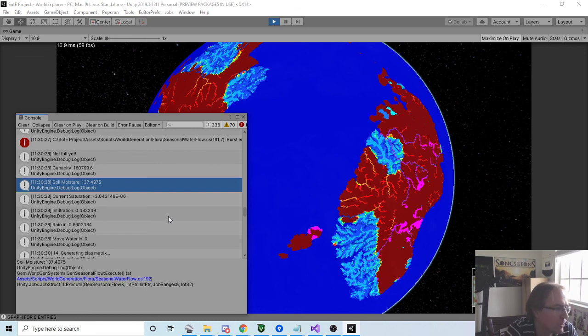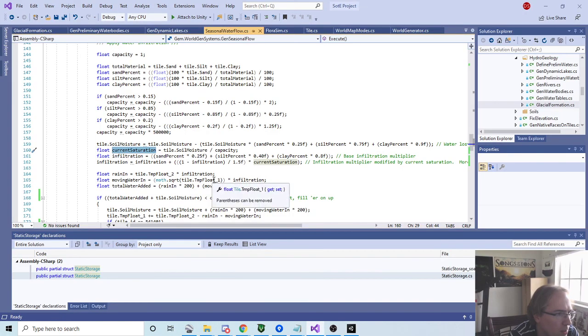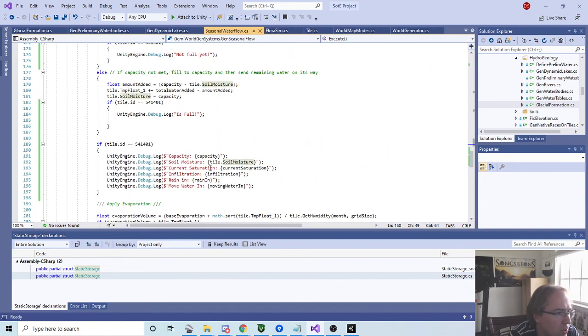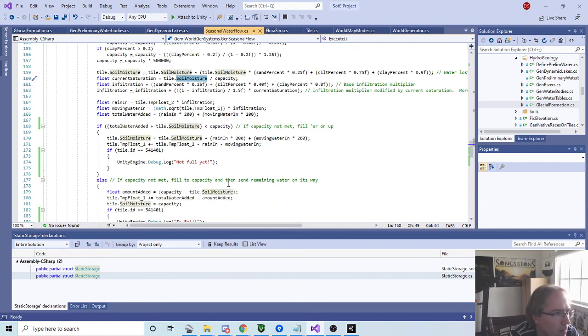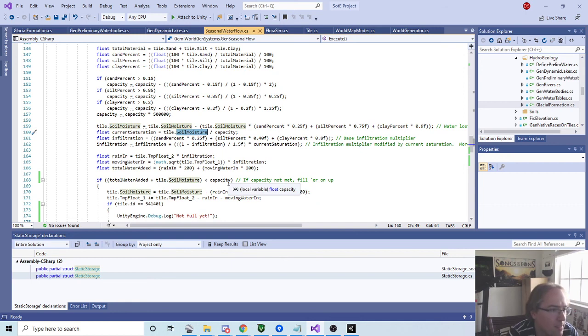We get a really small positive number. This is an even smaller negative number. So why are we coming up with this? It's very simple. When did we log out soil moisture? Right here. I mean, what the fuck?